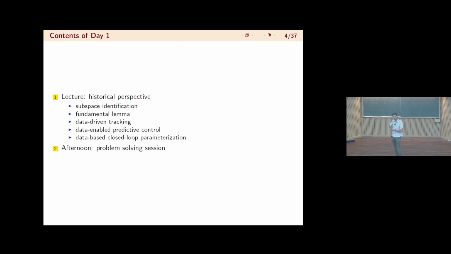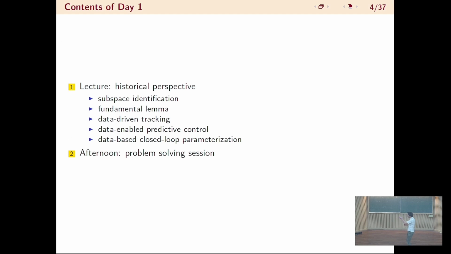Well, in the lecture this morning, I want to treat 5 topics. So I'll start by the development of subspace identification at the end of the 80s of the previous century. Then I want to talk about an important result called the fundamental lemma, first proven by Jan Willems and co-authors. And that fundamental lemma gave rise to a number of data-driven control techniques.